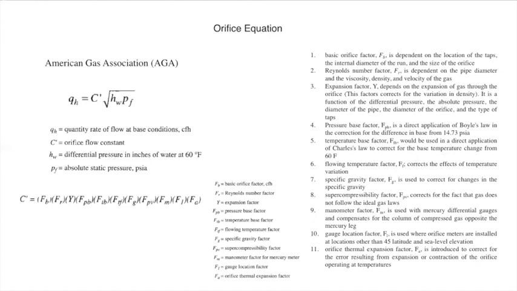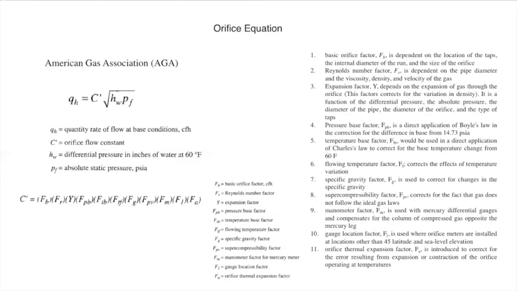If you talk about the base orifice factor, the base orifice factor is FB. Now this FB is dependent on the location of the tap, so the tap should be accurately located, and it depends on the internal diameter and the size of the orifice. So this base factor needs to be incorporated, and therefore you have to determine C.